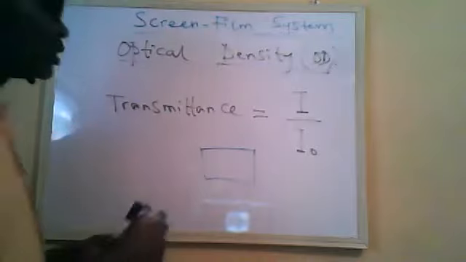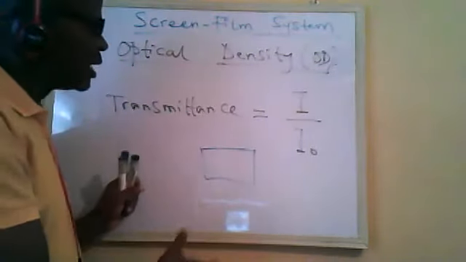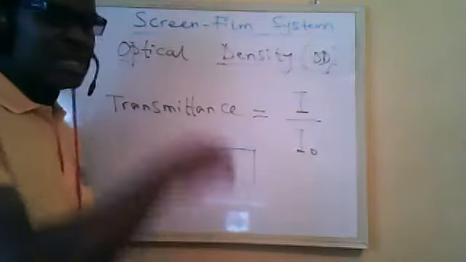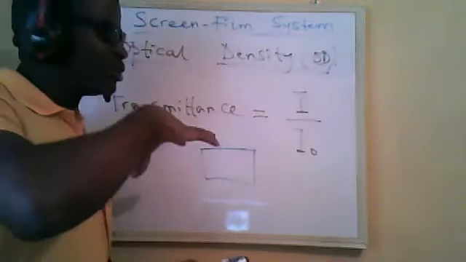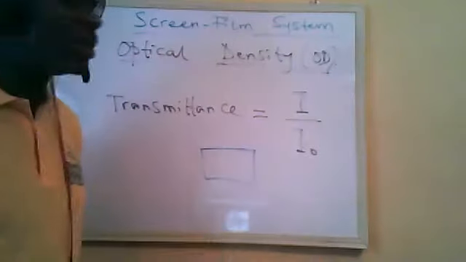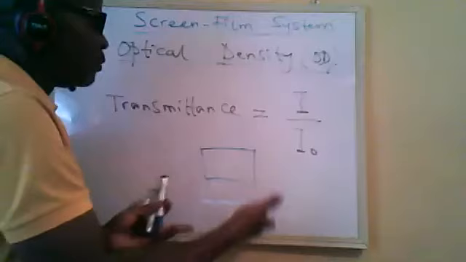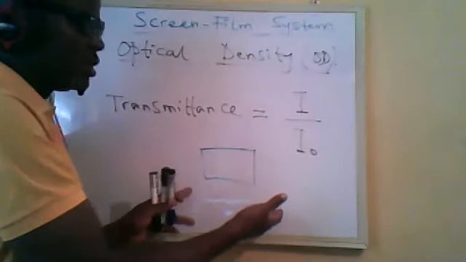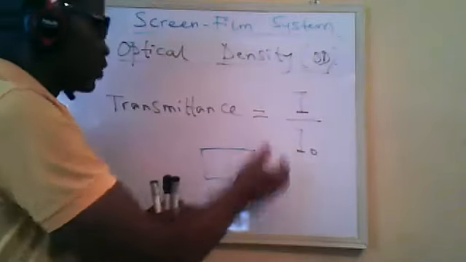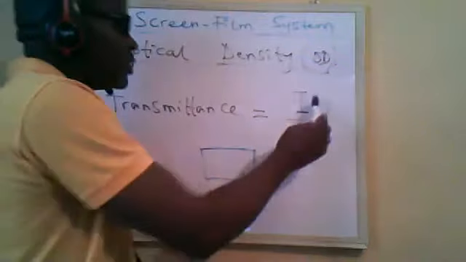All you need to do is take the densitometer, remove the film, and measure the light intensity. That is the base. You measure it, you record it. Then you place the film on the slot for film and also measure the light intensity. That light intensity is I, so I is that with film.